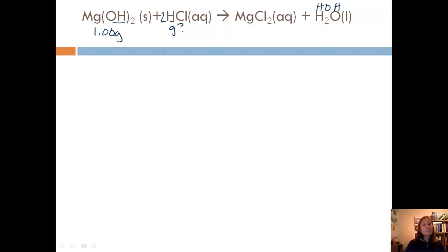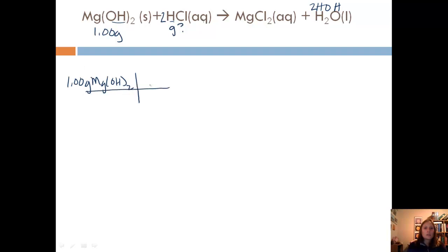Actually, if you look, this is an acid-base reaction because we have the acid and the base producing the salt and the water. So since we put the 2 here, we have 2 hydrogens and 2 hydroxide groups. So put a 2. Now I think it's balanced, so let's start with our 1 gram of magnesium hydroxide.